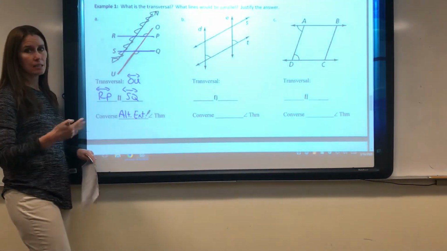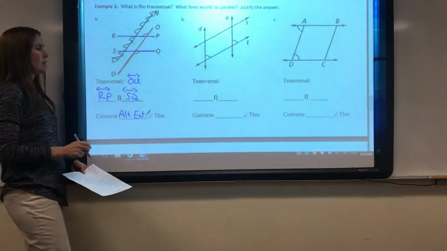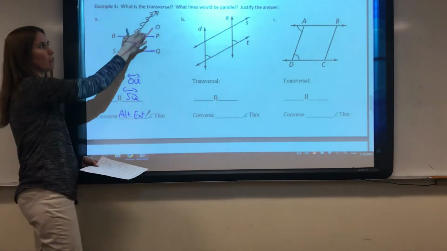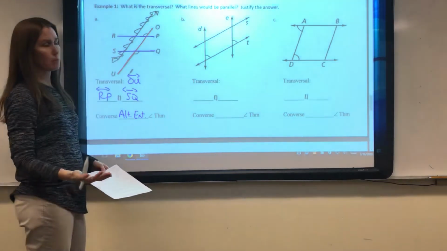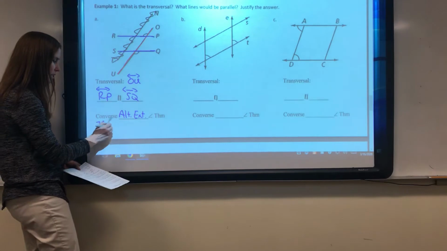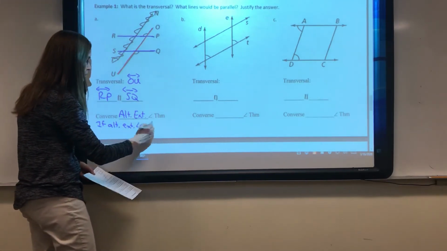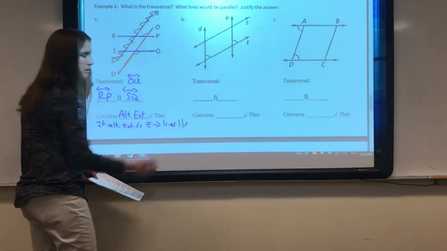So we found that it's easier for people to remember it if they write it out. So the way that I want to think of that is, what did I know first? I knew first that these angles were congruent, and from that I knew that the lines were parallel. So when I write my little sentence, I need to say it that way. I need to say, if alternate exterior angles are congruent, then the lines must be parallel.